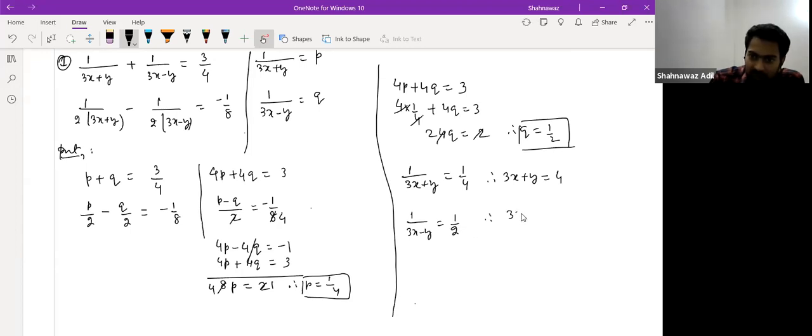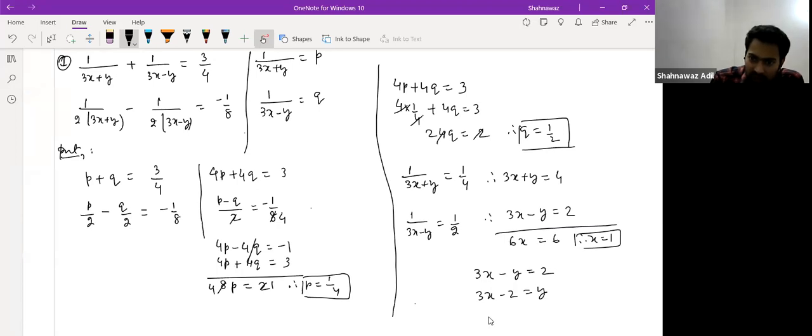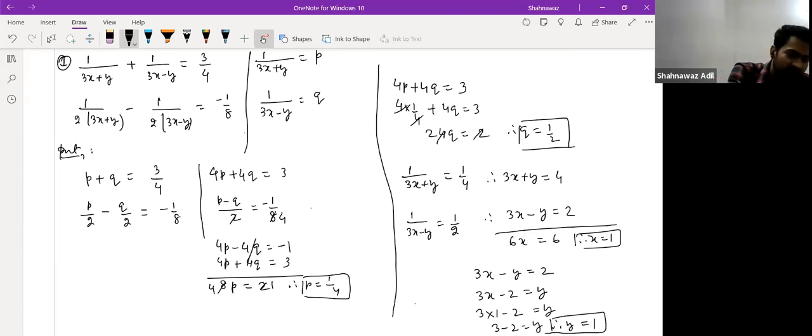So 3x minus y is 2, right? Now we again add. So this would be 6x is 6. So x is 1. And 3x minus y is 2. So 3x minus 2 is y. So 3 into 1 minus 2 is y. So 3 minus 2. So y is again 1. Right. So this is the answer.